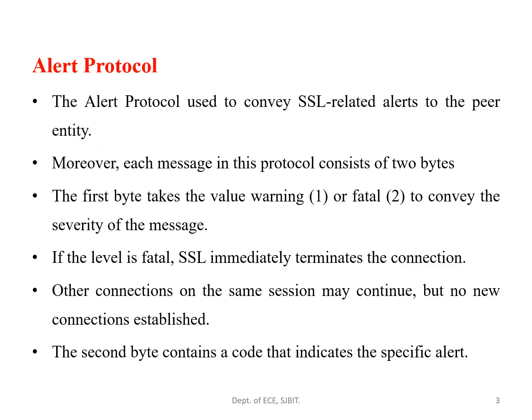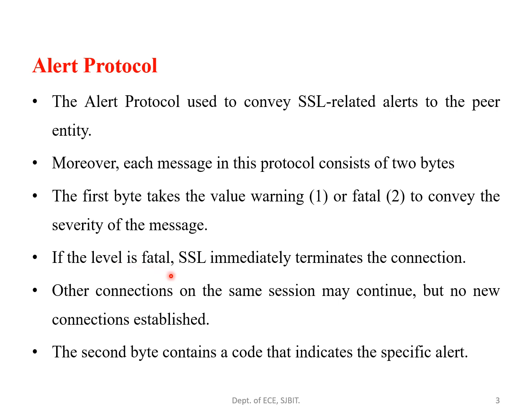Consider the alert protocol. The alert protocol is used to convey secure socket layer related alerts to the peer entity. Each message in this protocol consists of 2 bytes. The first byte takes the value warning or fatal to convey the severity of the message.